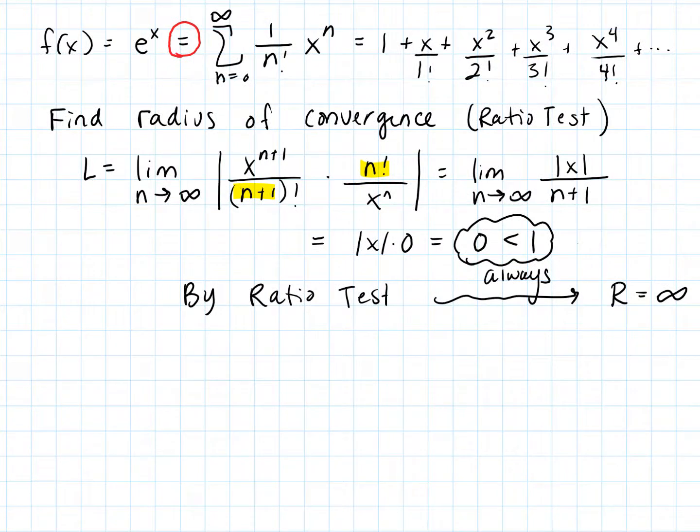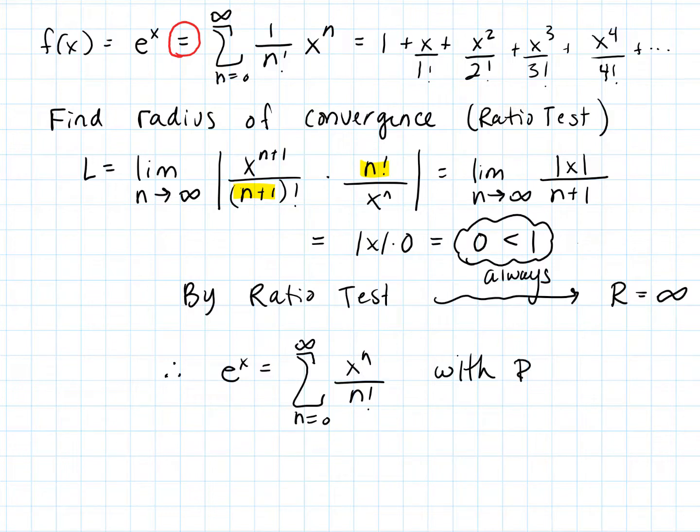So therefore, the power series for e to the x is actually equal to the power series from n equals 0 to infinity of x to the n over n factorial with a radius of convergence of infinity. That means for x from negative infinity to infinity. That's what the interval of convergence is going to be.